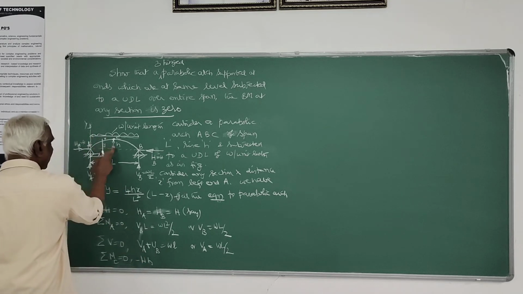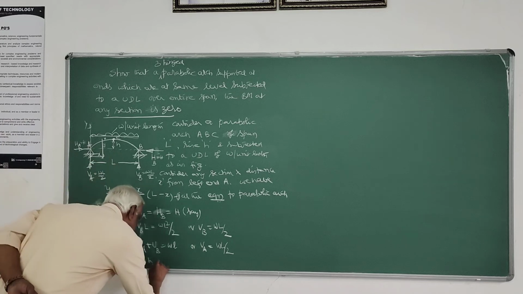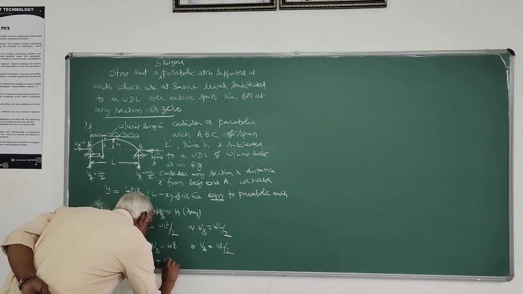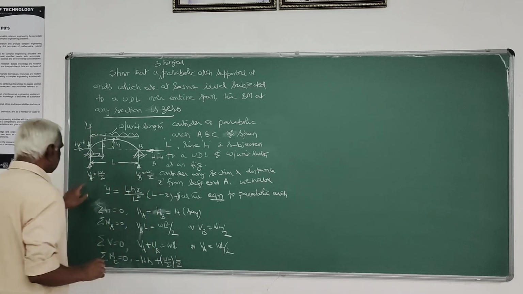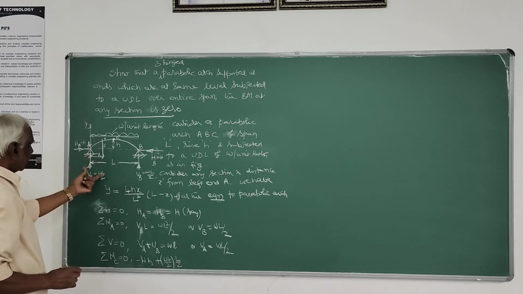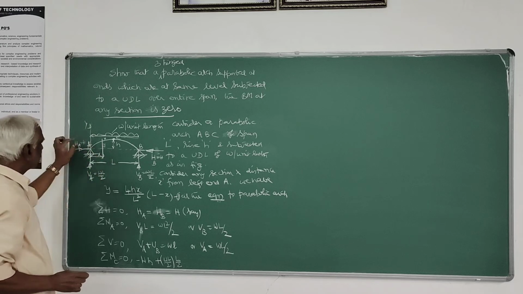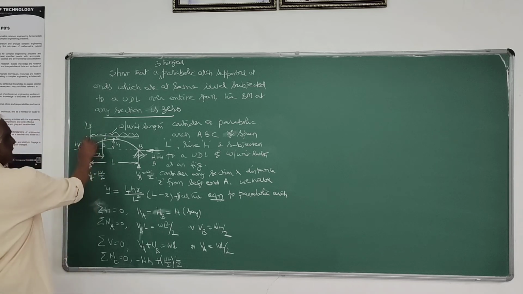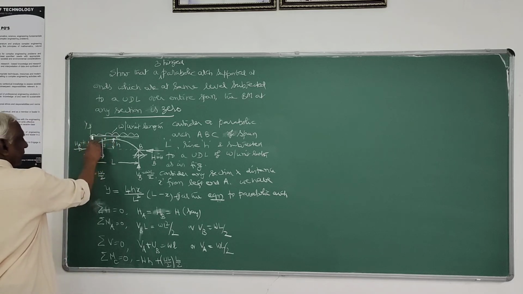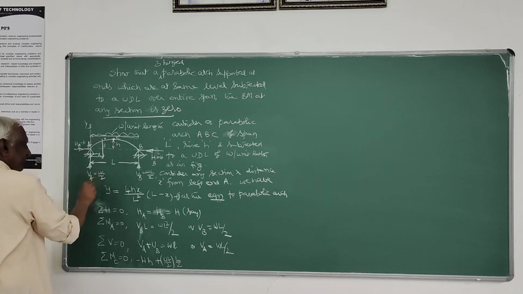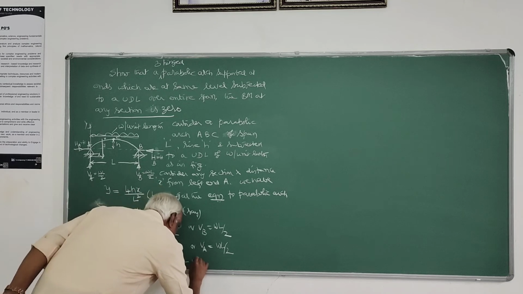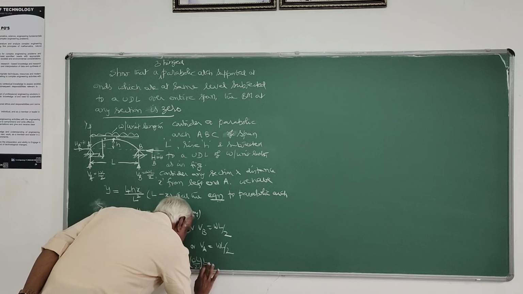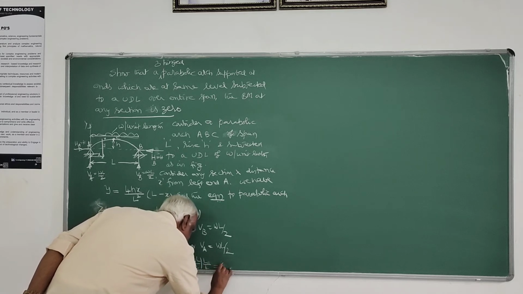Then WL by 2 into L by 2, minus W L by 2 into L by 4, should be 0.